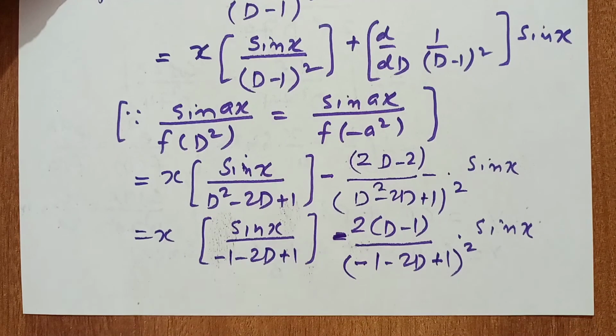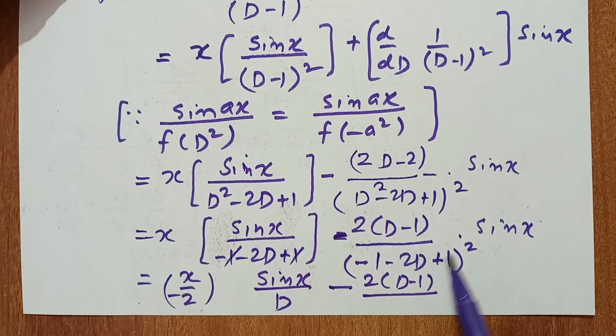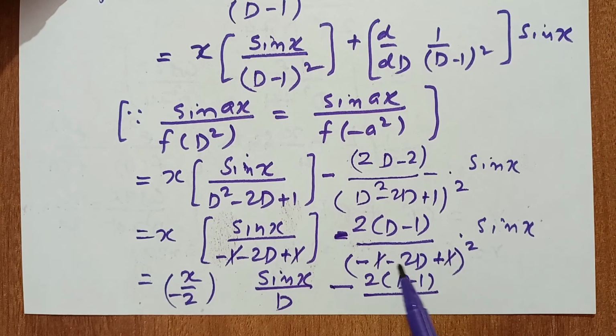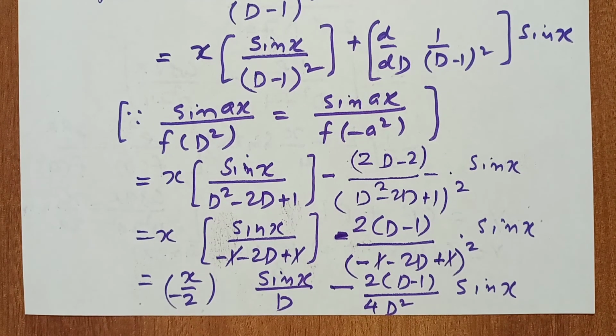In the first term, the constants cancel, x by 2, this is 1 upon D sin x. And here, minus 2 (D minus 1) upon minus 2D squared and 4D squared, means 4D squared into sin x. I think this is clear.